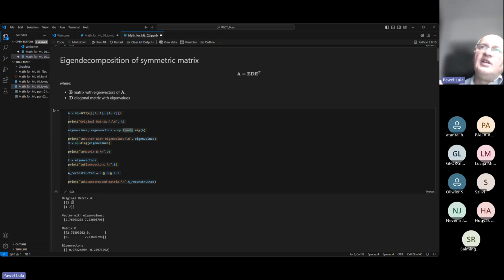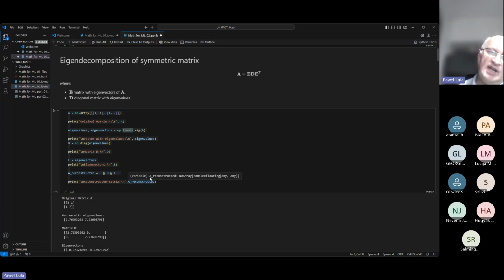Some elements which will be discussed here may be much more complicated when these matrices which we are going to decompose are not symmetric. So we are talking only about symmetric matrices.